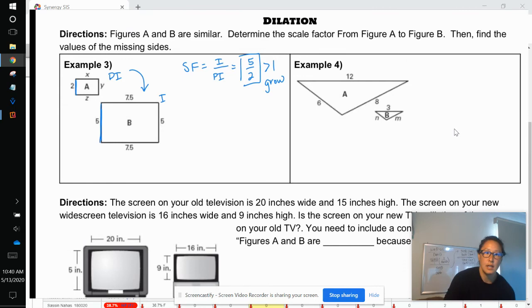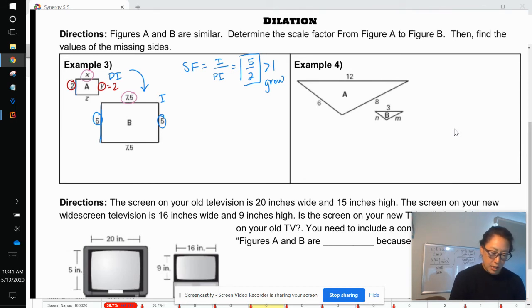Since the side length on the left is 5 and on the right it's 5, that means that the 2 and the y are the same. Okay, 7.5 and 7.5, so all I need to do is set 7.5 equal to x or z because they are the same.